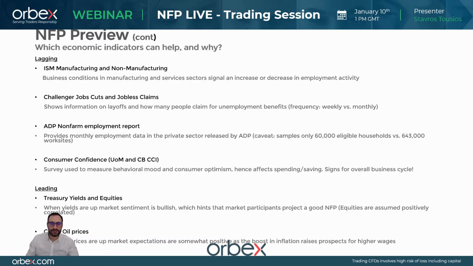Now, in terms of the preview, right, there is certain data that we need to look into to be able to form our own projection. There are lagging indicators and leading indicators. Lagging indicators are the ISM manufacturing and non-manufacturing, because business conditions in the manufacturing and services sectors signal an increase or a decrease in employment activity.